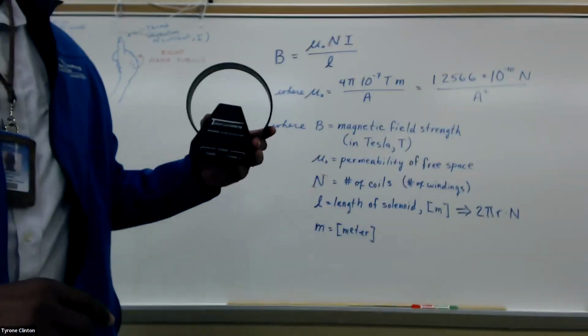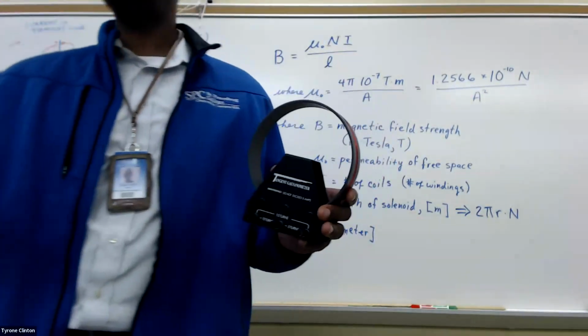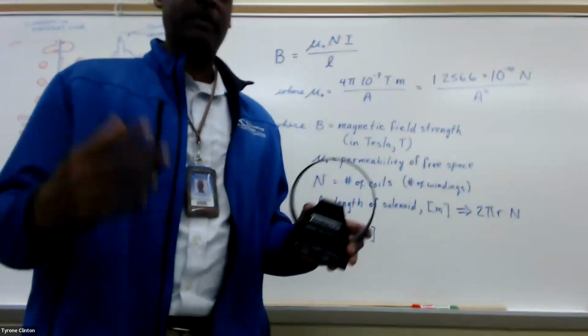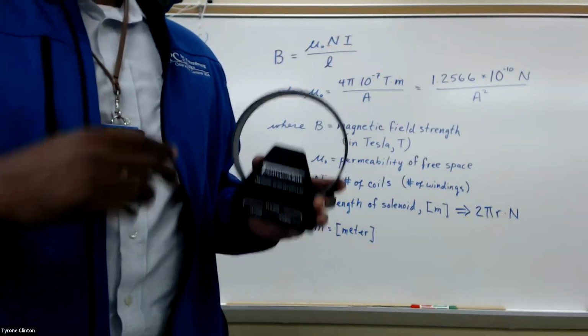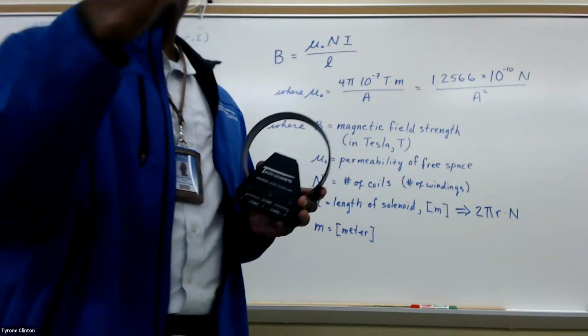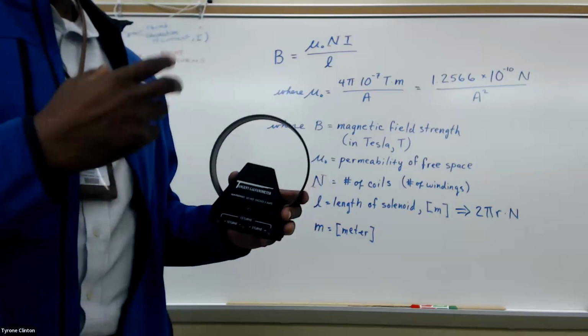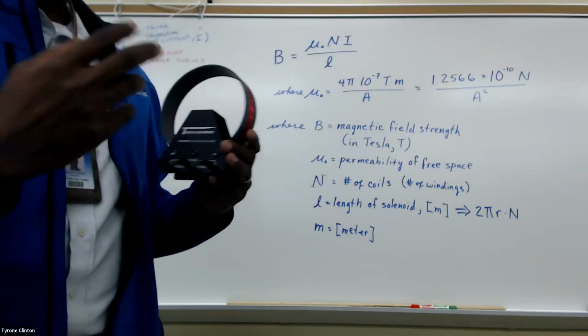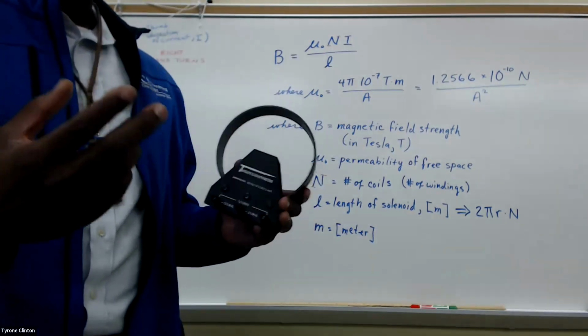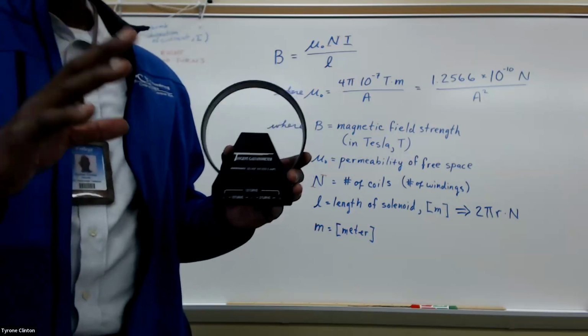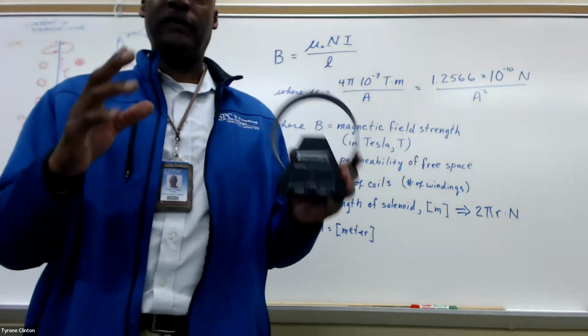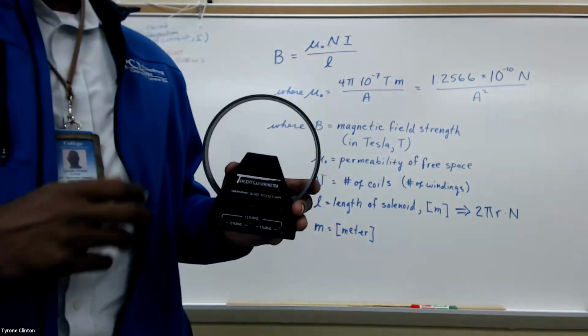This is not the best class to do it in because there's a lot of electrical currents in here. First time I did this, everything went haywire because I didn't realize how many electrical panel boxes we have in here. So if you're going to repeat this, or if you're ever going to teach this class, you have to make sure there's not a whole lot of interference around you.